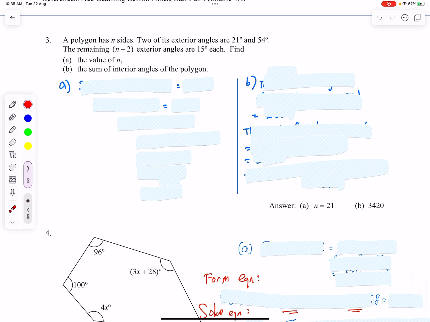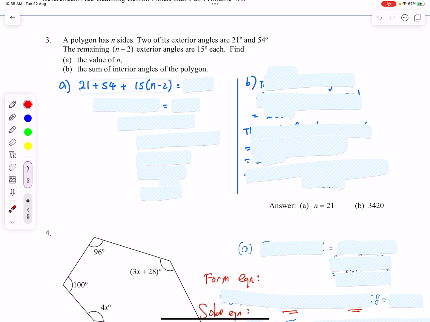Let's go. A polygon has n sides, and two of the exterior angles are 21 and 54. So I know that the sum of all exterior angles, I add everything together. I add 21, I add 54, and I add 15 each, but I have n minus 2 of the 15 each.